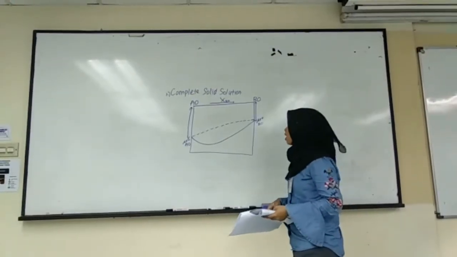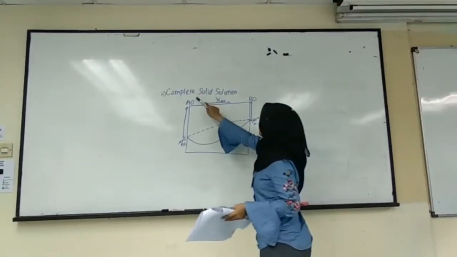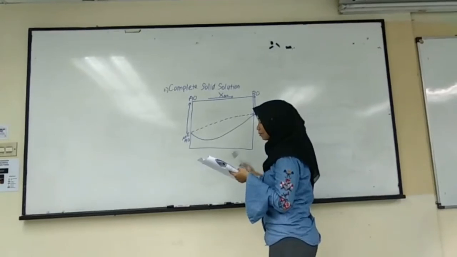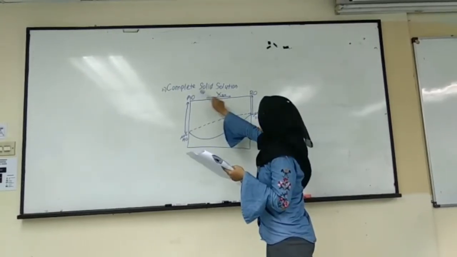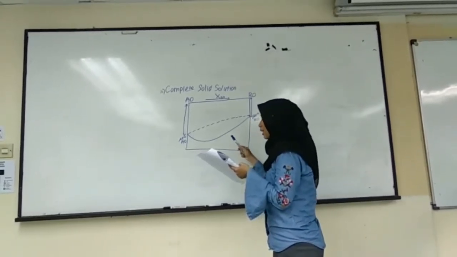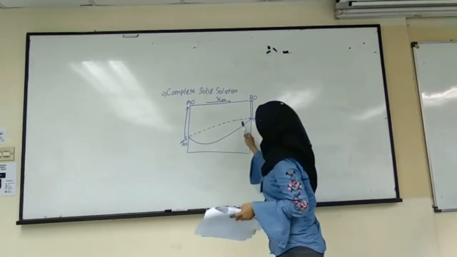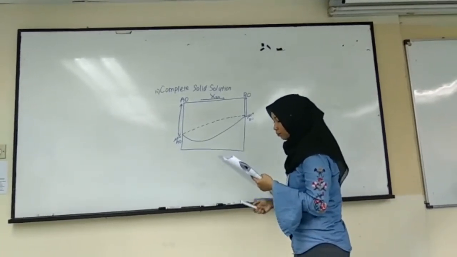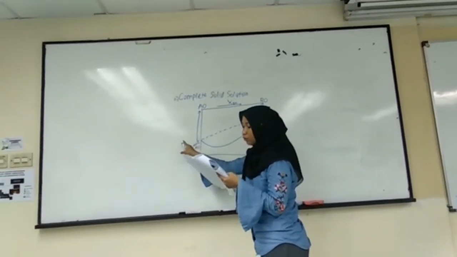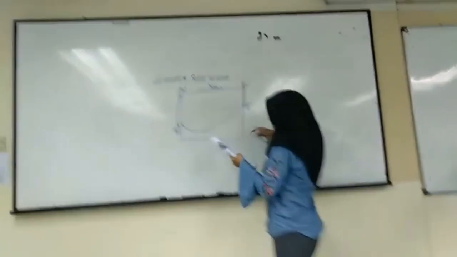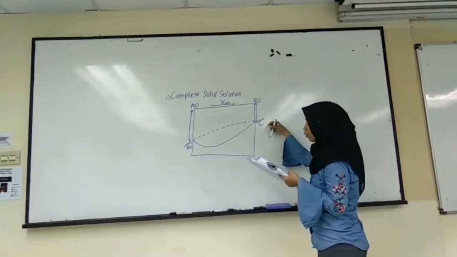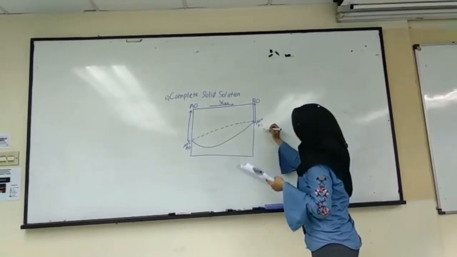So now I will explain about complete solid solution. For free energy versus composition diagram for an AO, BO mixture that exhibits complete solid solubility at temperature lower than the solidus, this point is the free energy of AO, and this point is the free energy for the complete solution of AO and BO.